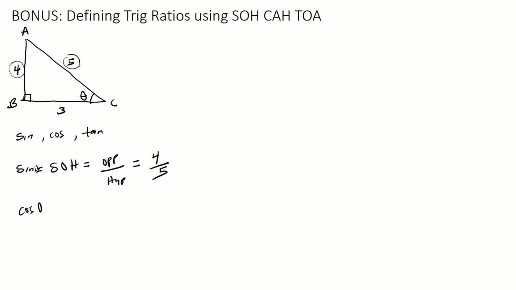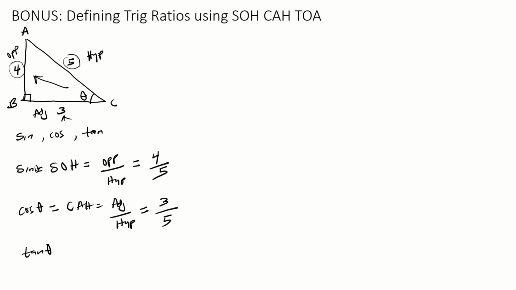The cos of theta, that is the CAH. As you can guess, this is adjacent over hypotenuse. The adjacent here is 3 and the hypotenuse is 5. Once again, the longest side is the hypotenuse, the side facing the angle is the opposite, and the last side is the adjacent. To look for tan theta, that is the TOA.